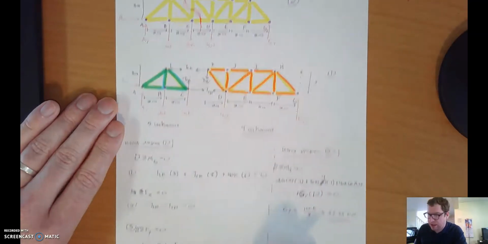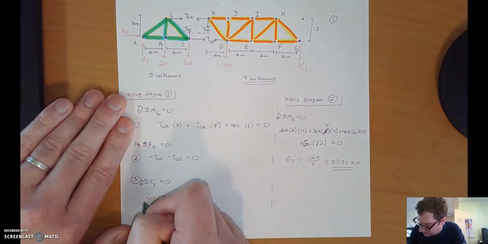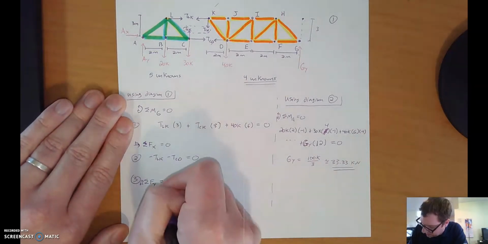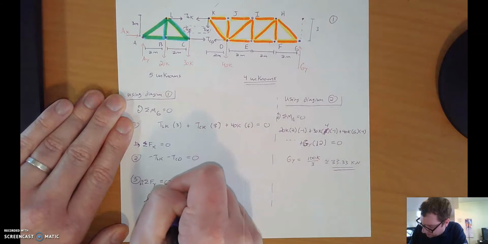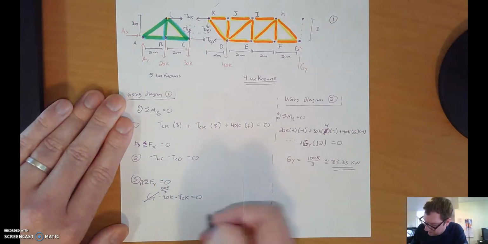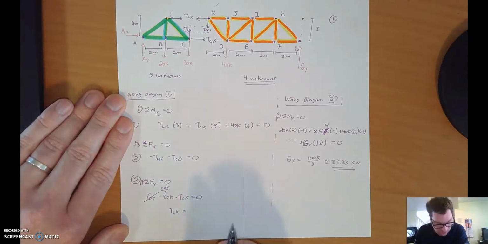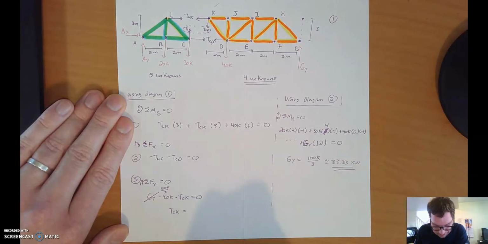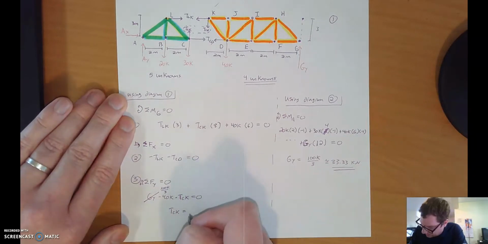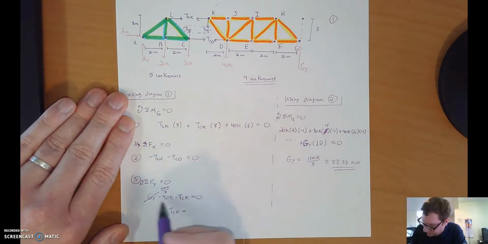Alright, so we can then bring that back over here and we just start solving. So then we can say, oh, well, this is 100K over 3. And we can solve this for TCK. So TCK will then become, so we're going to get 100, because it's minus that.